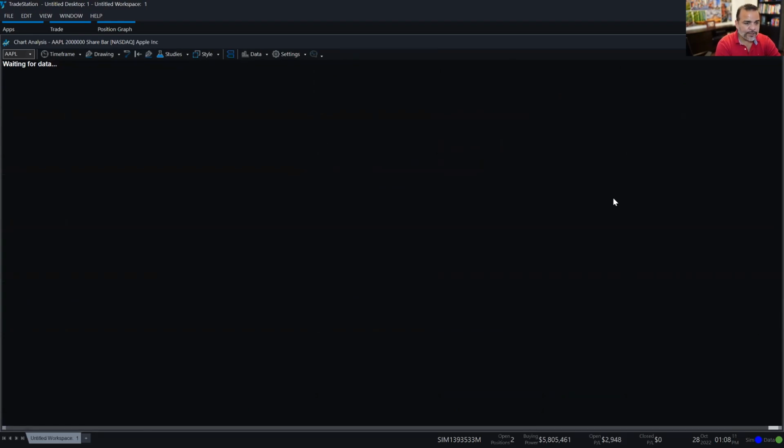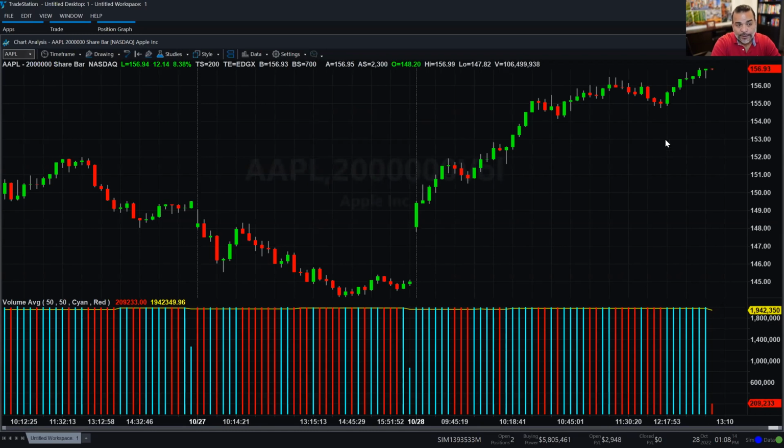Let's see when it loads. Yeah, you see how it looks very similar to the 5 minute chart. But again, this is counting number of shares. It's not counting time anymore, even though it looks similar because we did the math. We looked at how many shares were traded every 5 minutes, we used that same number, and it looks very similar, but it's not time dependent.